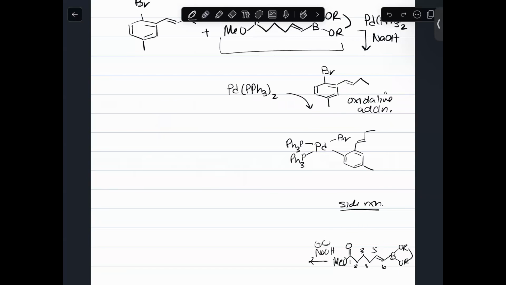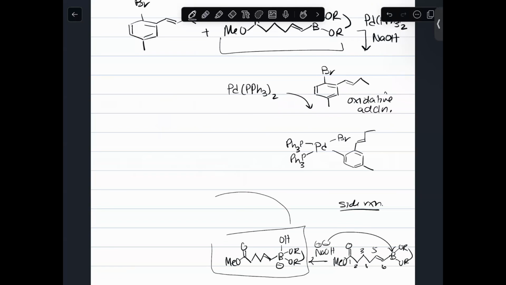Oh, sorry, that arrow wasn't heading towards the boron. Now it's negatively charged. Now it's ready to go into the reaction and do a transmetallation.